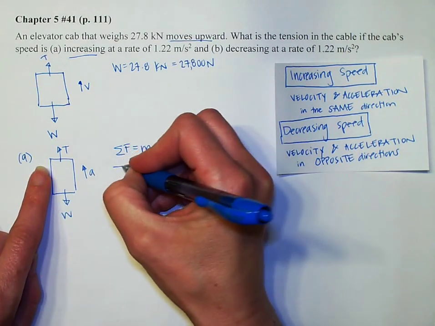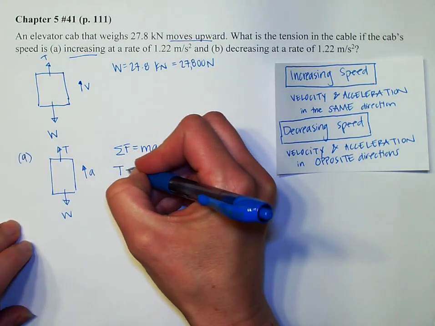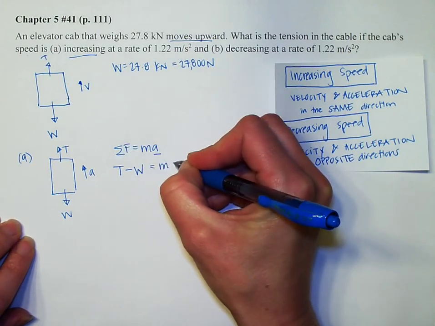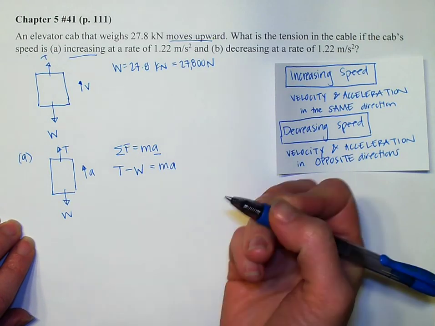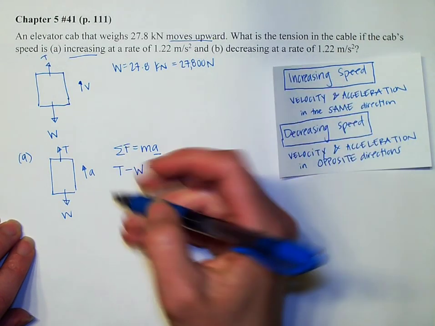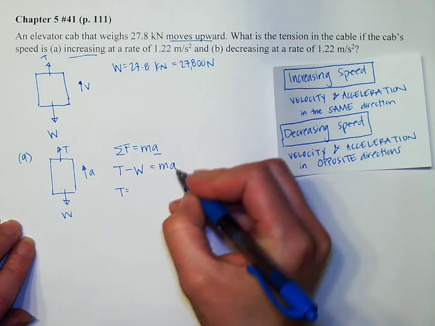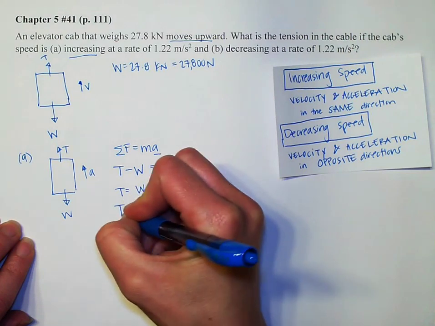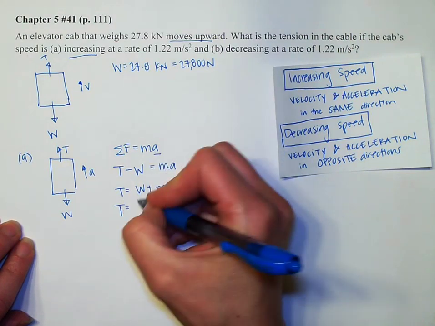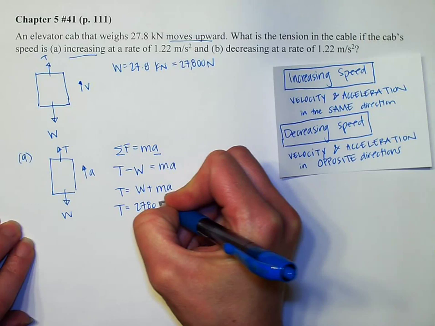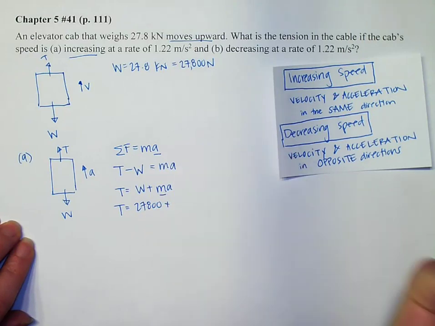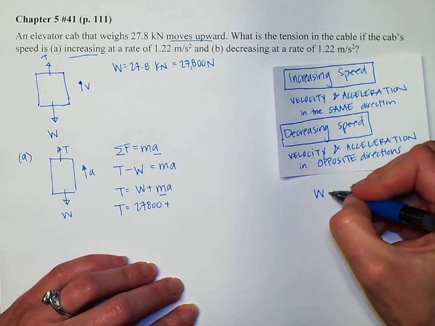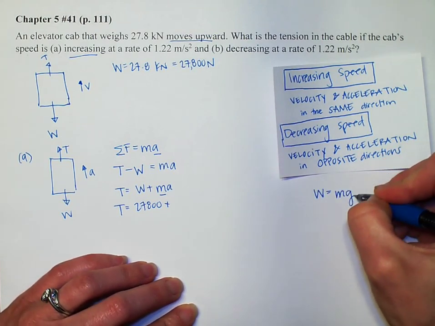So I will have tension, because that's up, minus my weight, that's the sum of my forces. This equals mass times acceleration. And so since I want to solve for my tension, I'll put tension on one side, move the weight over, so I'll have weight plus mass times acceleration. So tension equals my weight, again, 27,800, plus, oh snap, we need the mass. I remember that my weight equals mass times gravity.